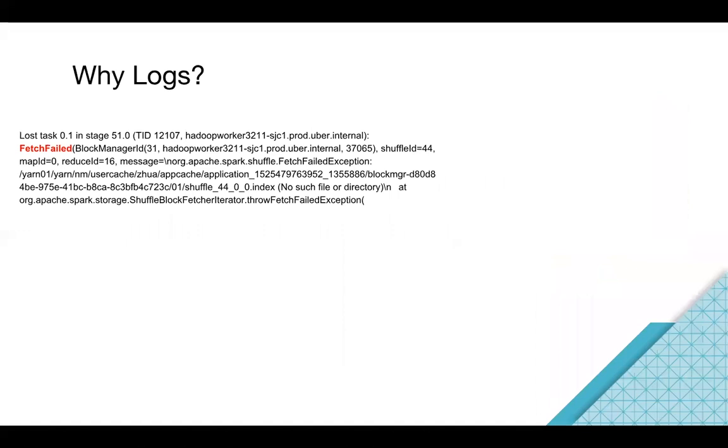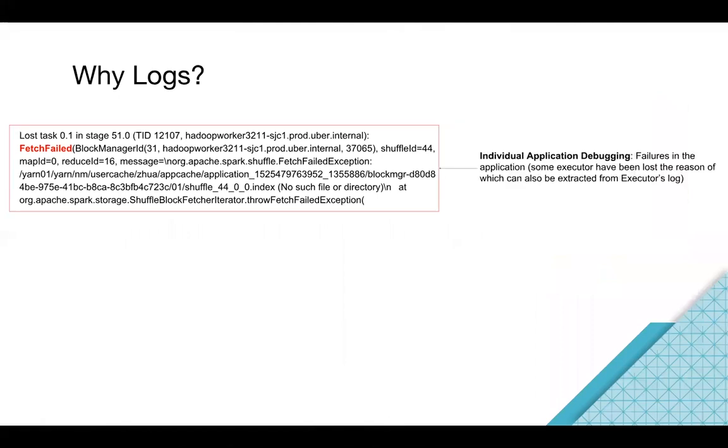So since today we will talk about logs, I think the first question we need to understand is why we care so much about the logs. I will give several examples here. So the first example, I think it is the most common case for us to use logs in our daily jobs. This is for individual application debugging.